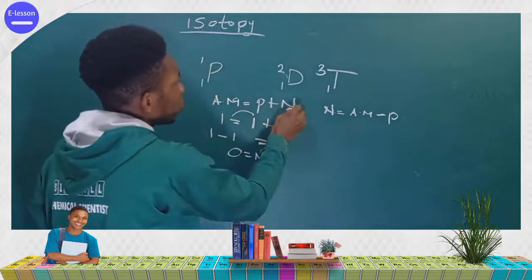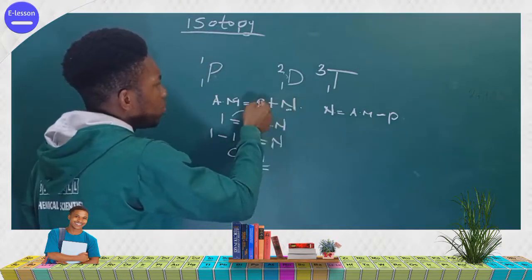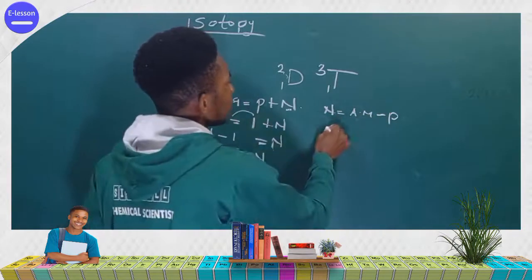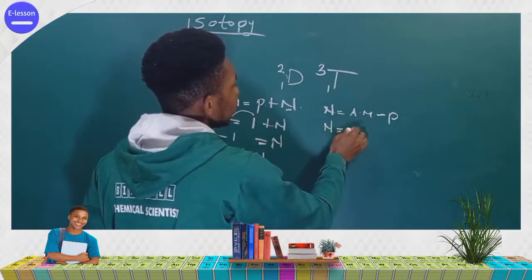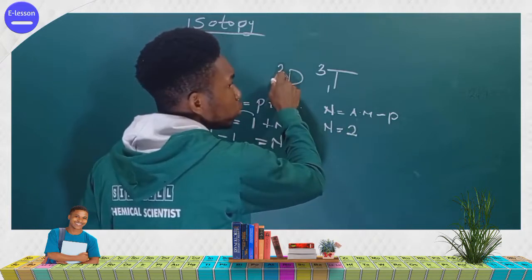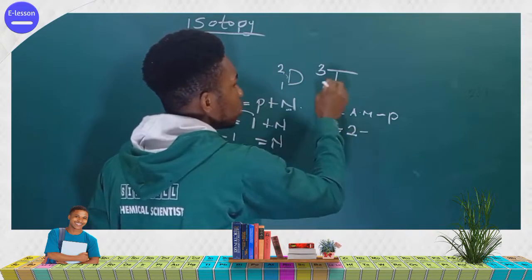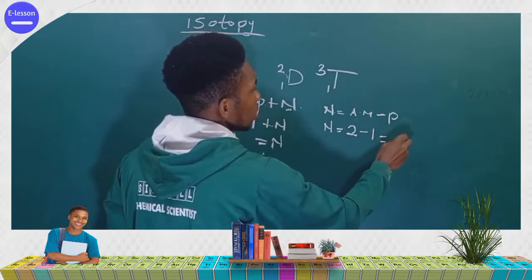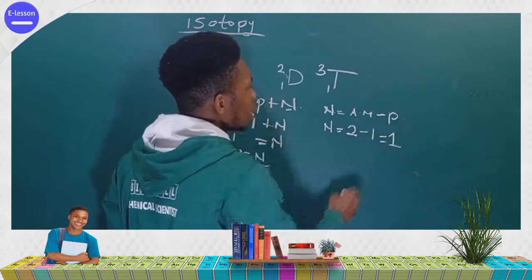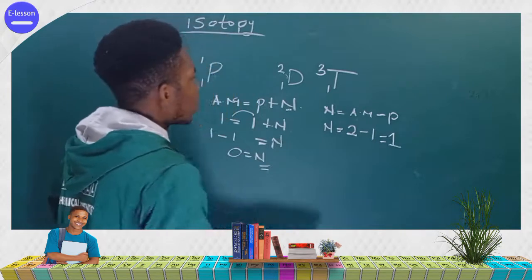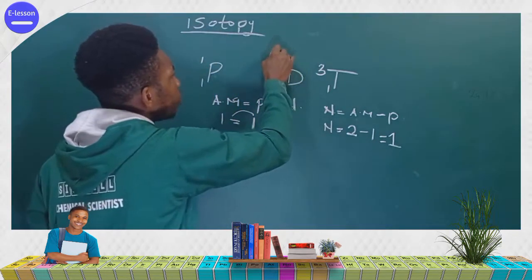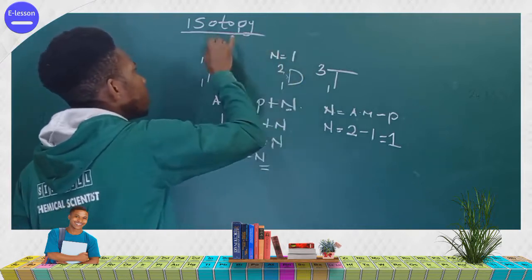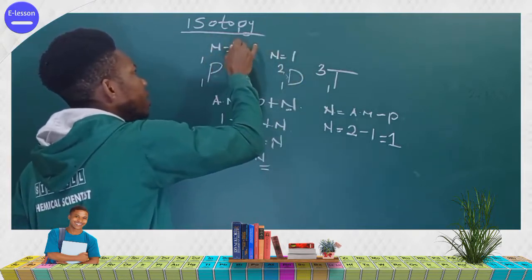If you make n the subject of the formula, P comes here and becomes atomic mass minus P. And this becomes n is equal to the atomic mass for deuterium, which is 2, minus the number of proton, which is 1. 2 minus 1 gives us 1. Are we getting it now? So it means that deuterium has the number of neutrons equal to 1, while this one has 0.